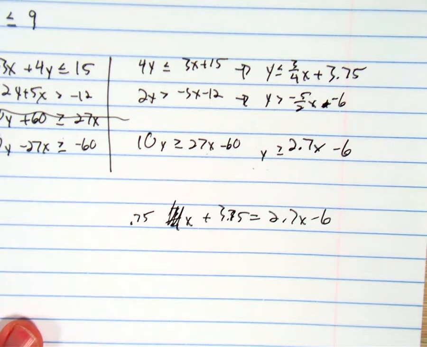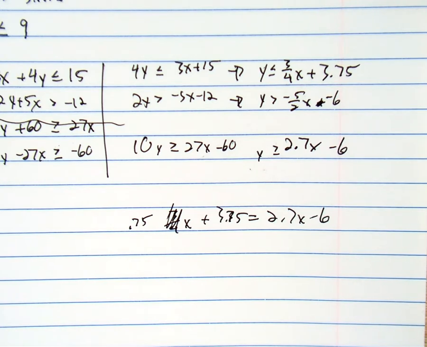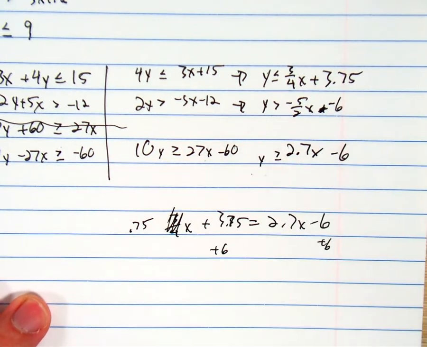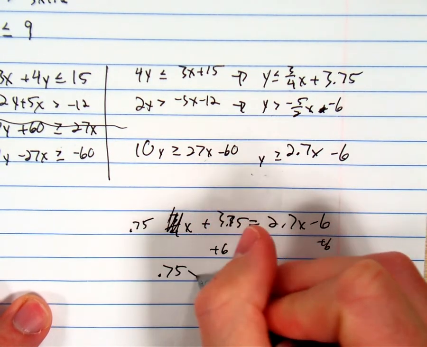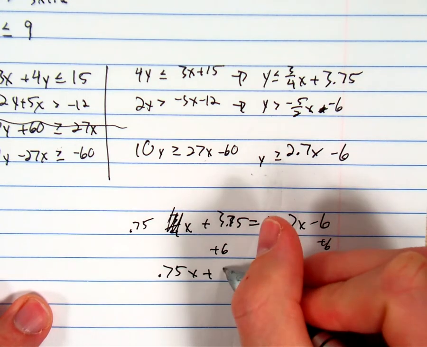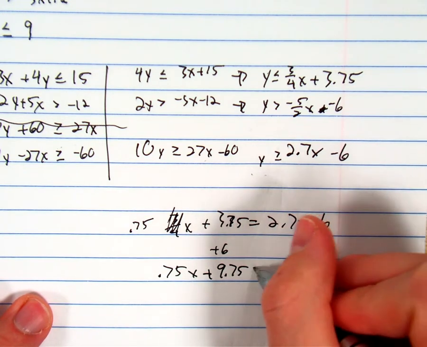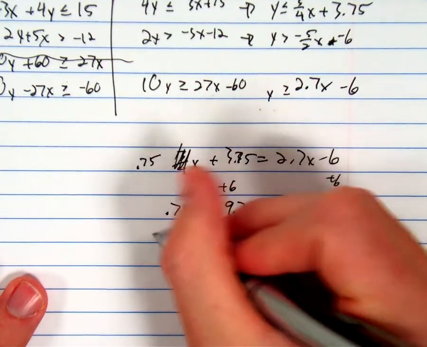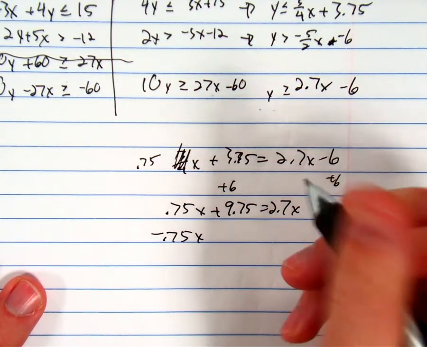So let's add 6. So I have 0.75x plus 9.75 equals 2.7x. Subtract the 0.75x.